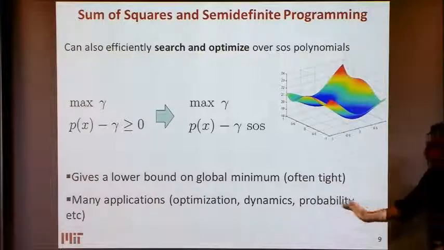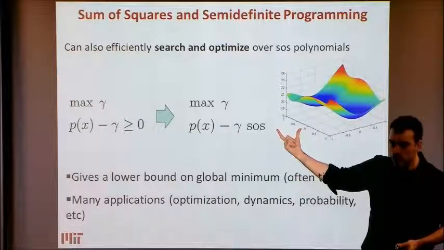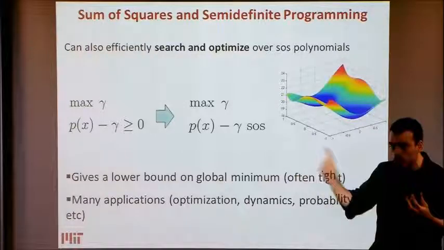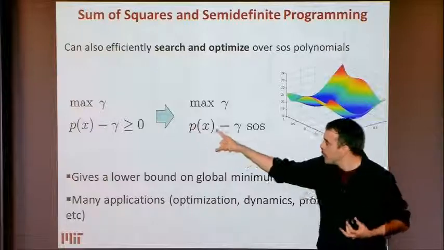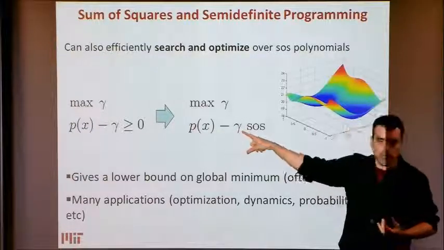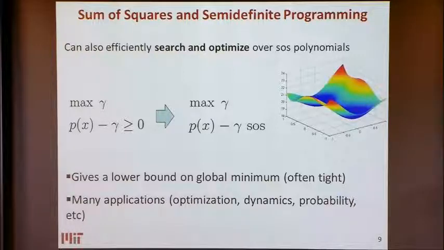exactly the same way that I was doing it before for a fixed P. Why? Because I play the same game, writing the condition that this has this quadratic representation and matching coefficients is going to give me linear equations between the entries of Q and the coefficients of this polynomial. The coefficients of this polynomial are linear functions of gamma. So I'll have on the one hand linear functions of Q, on the other side linear functions of gamma. These are linear equations, and that's fine.